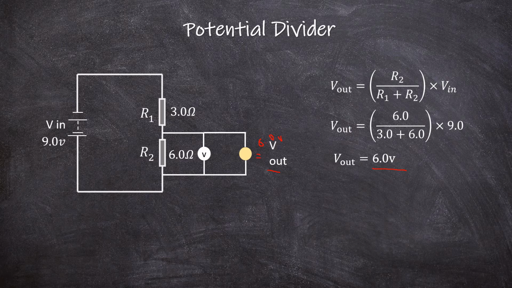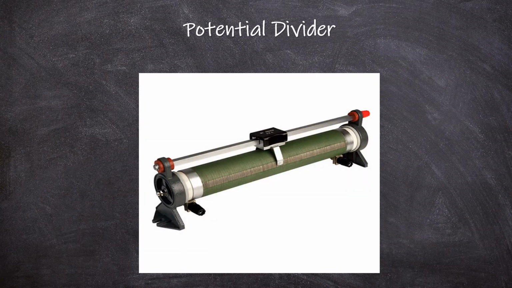So I'll show next the actual potential divider that we see in real life. This is the rheostatic potential divider. It is mostly used in the physics lab, but we didn't get a chance to use this kind of potential divider while doing practicals.